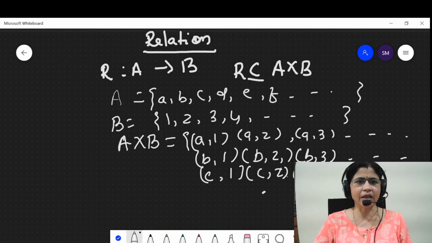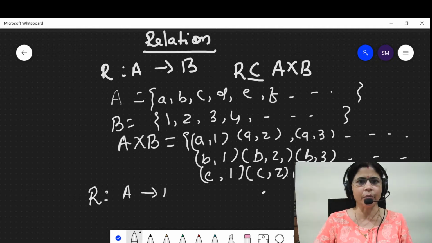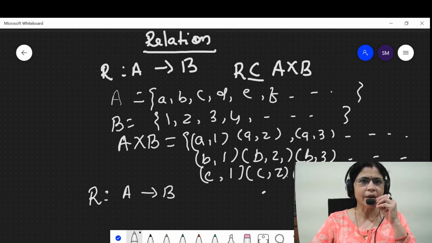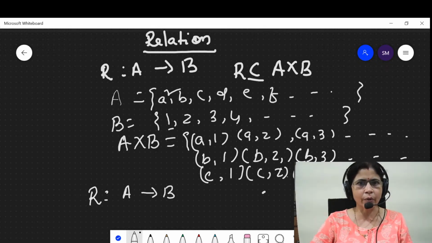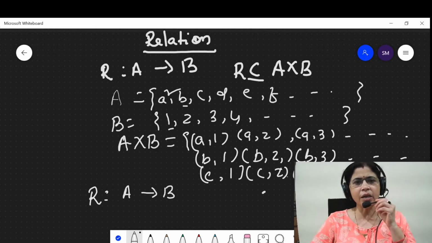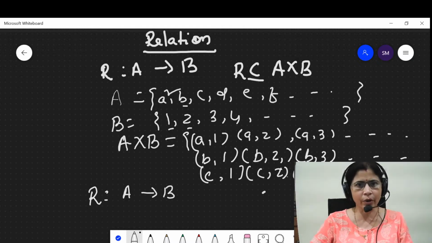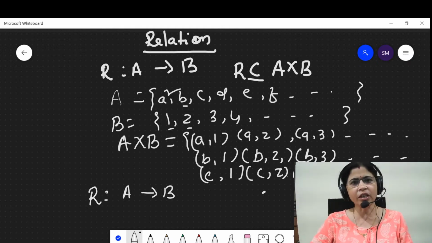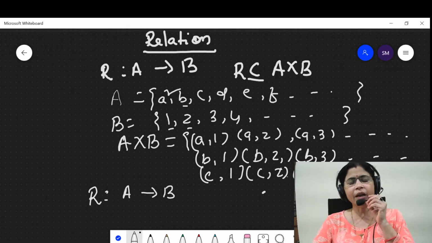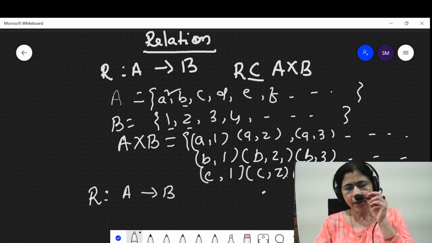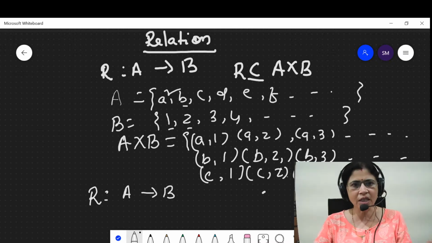Then if I say R is a relation from A to B in such a way that the alphabet A is related with the natural number 1, the alphabet B is related with the natural number 2. Because if we serially say A, B, C, D, E, F, then how many alphabets are there in English? There are 26 alphabets.